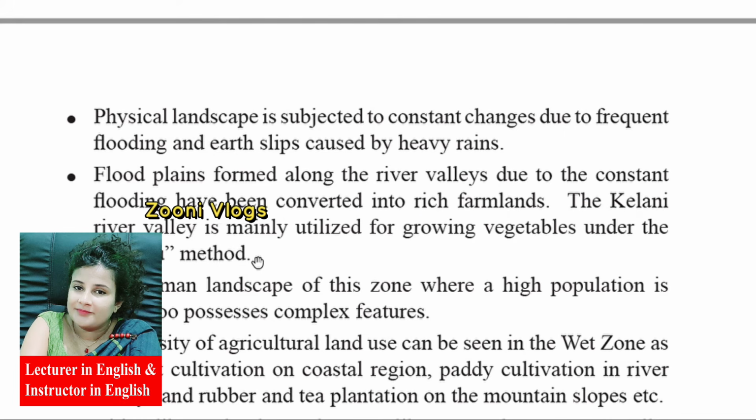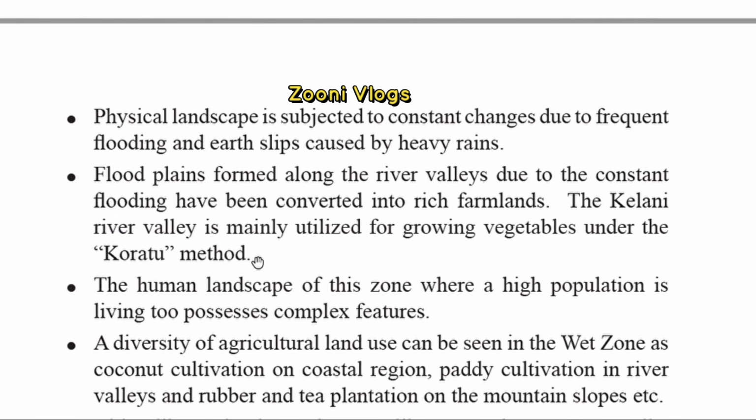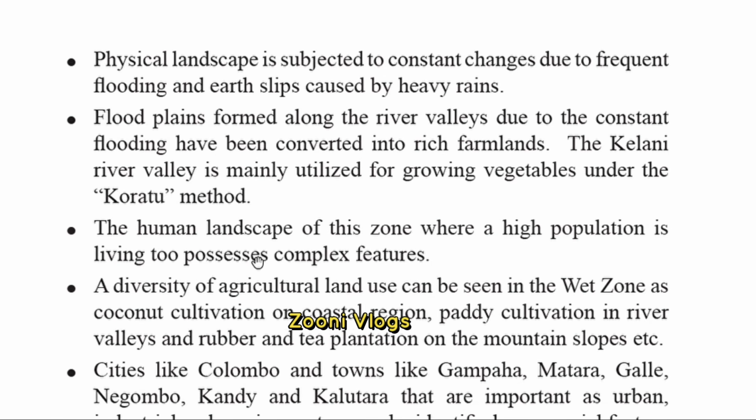This is very important. When we were in the dry zone, we discussed the Danduwatta and so on. And now that we are in the wet zone, we can see the Koratu method.